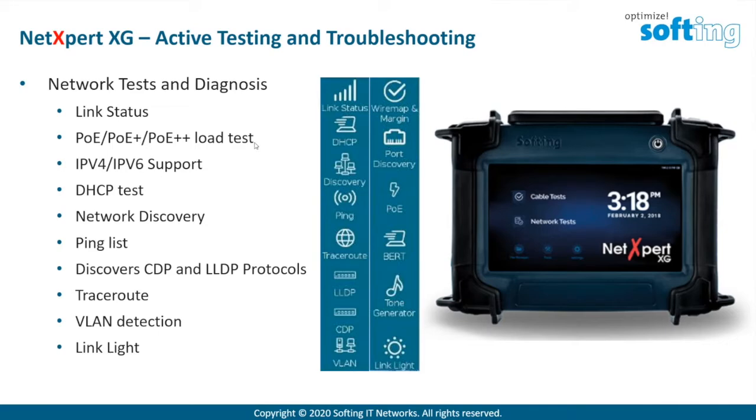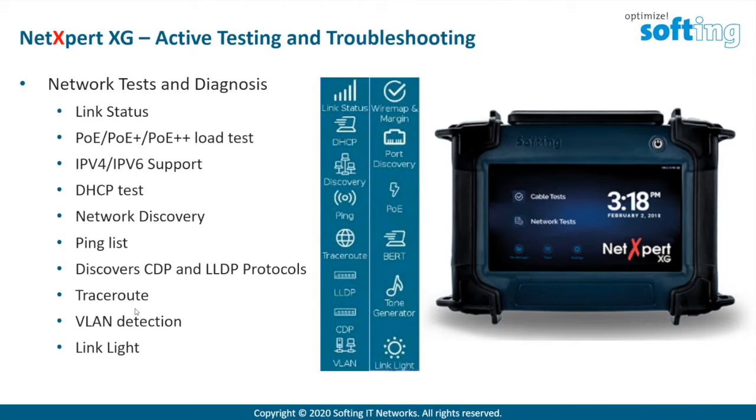Link status, which will tell you what the XG is connected to, what the switch is configured for, and what speed it connected at. PoE testing, the ability to get an IP address from a DHCP server if there's one there, network discovery, a way to do a quick scan of what's active, ping tests, some managed switch tests for CDP and LLDP, and I'll go over a few of these in detail that are relevant.